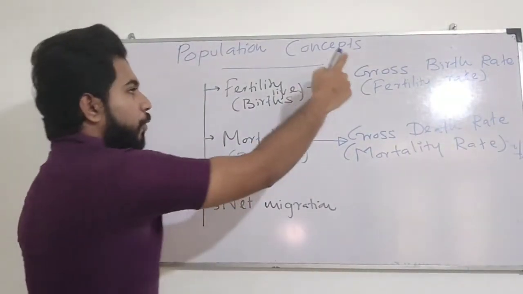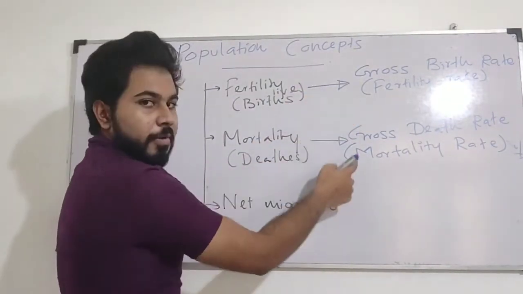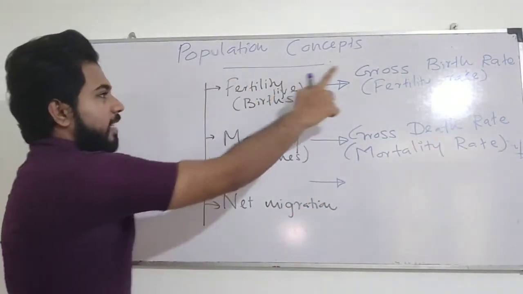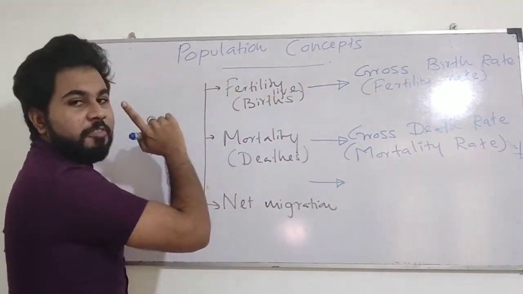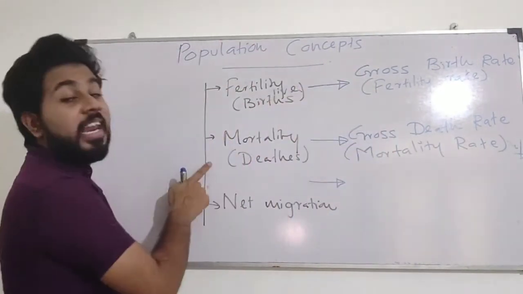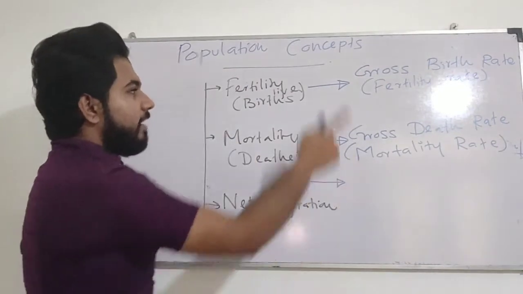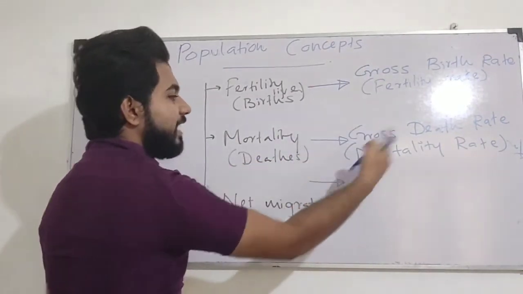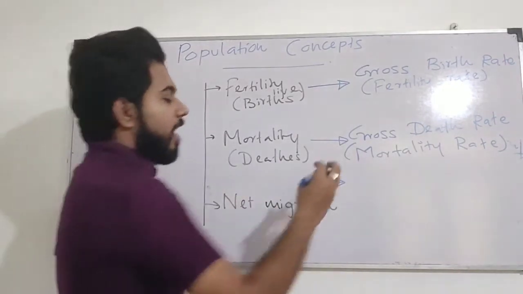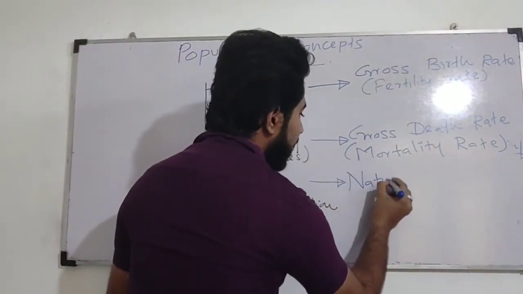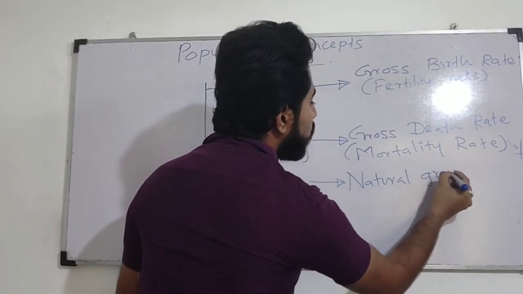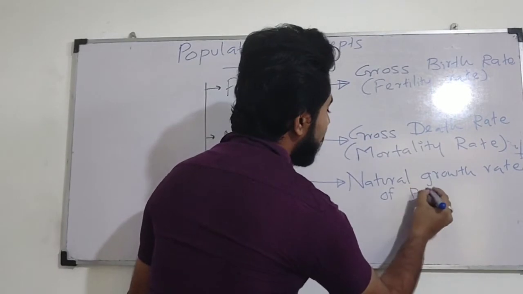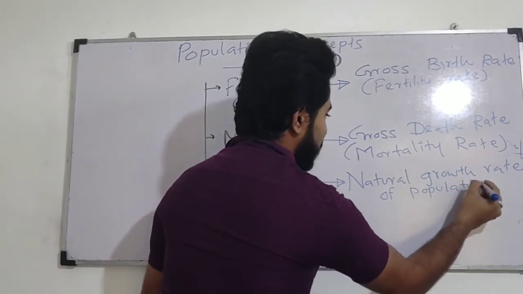So together with these 2 concepts, we will discuss another one. This gross birth rate is aligned with fertility and gross death rate is aligned with mortality. And then another concept related to these 2 concepts, fertility rate and mortality rate, is the natural growth rate of the population.